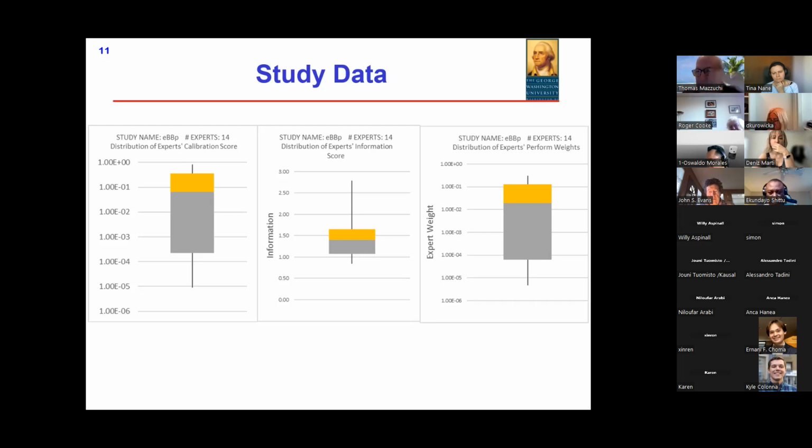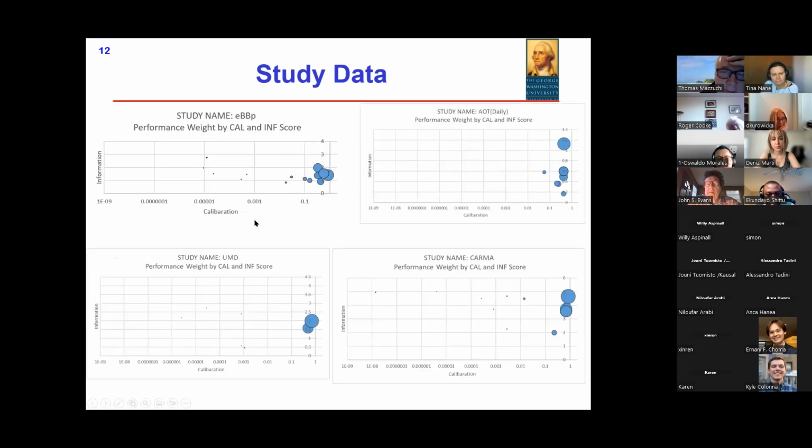I perhaps should, just to let people know what's really going on, because I had to renumber some of the experts from 1 to n. In this case, it was to treat this as data, not so much to recapture the project information. So these histograms show the distribution of the calibration, the distribution of the information, and the distribution of the experts' performance weights for that study.